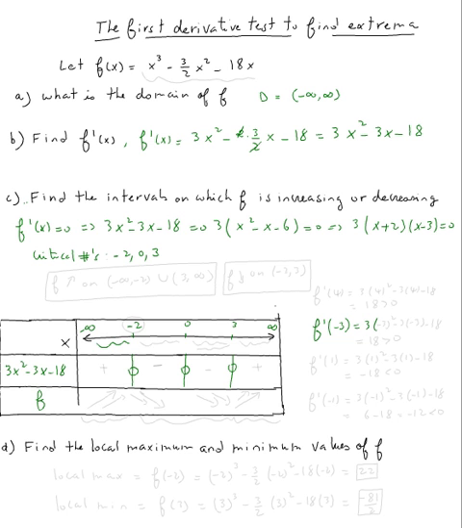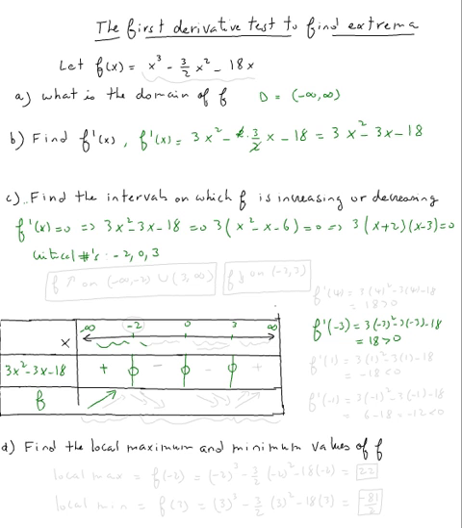So it's 3 times negative 3 squared minus 3 times negative 3 minus 18. And that's 18, and it's a positive number, therefore the derivative is positive there, which means the function is increasing on that interval from negative infinity to negative 2.